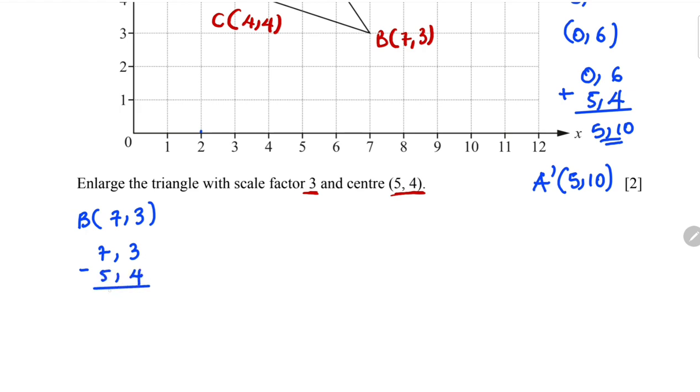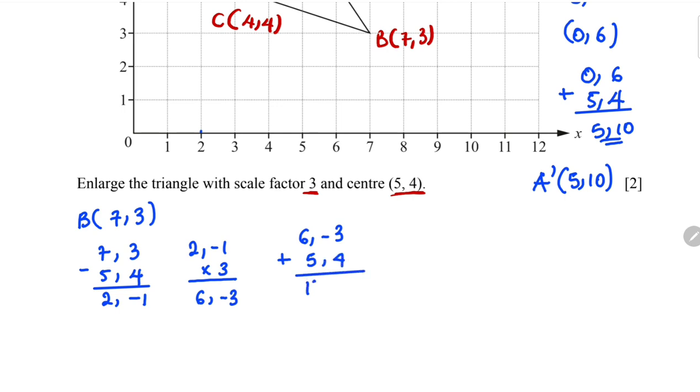Once I subtract it, I'm going to have 2, minus 1. I'll multiply by the scale factor 3, so that I'm going to have 6, minus 3.